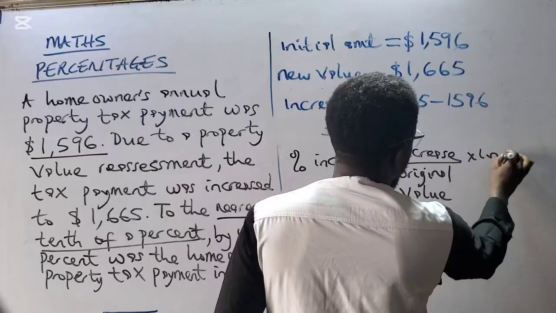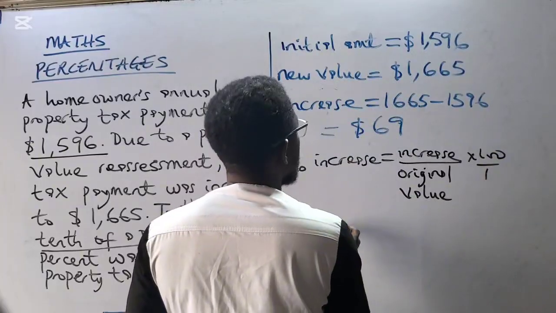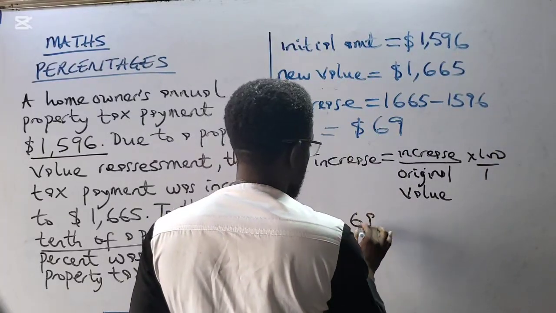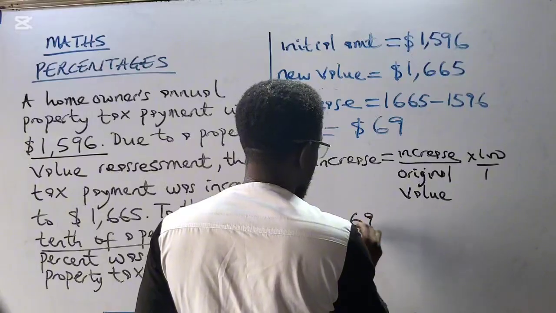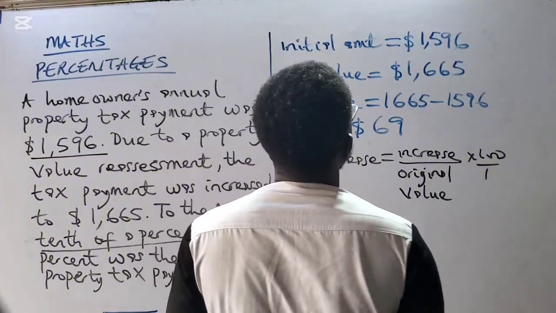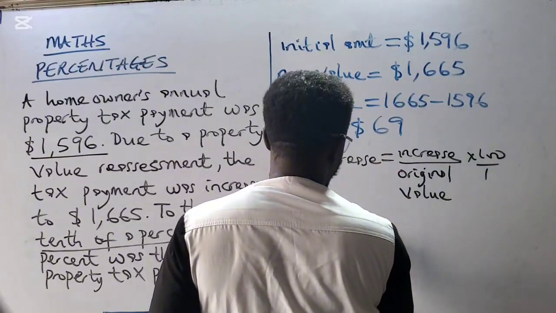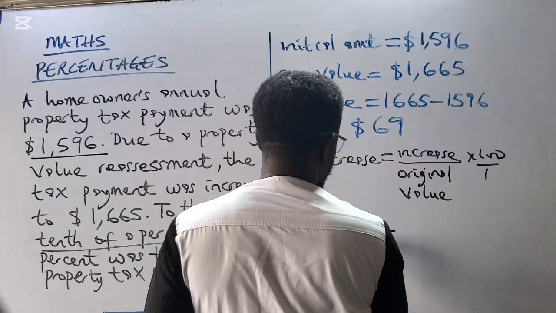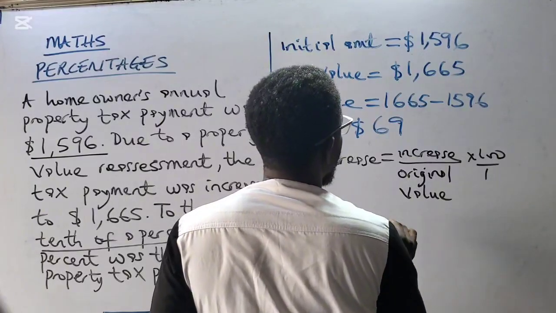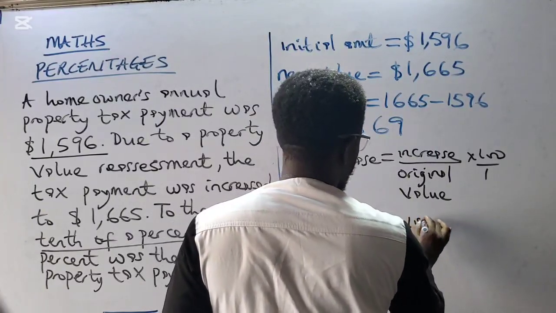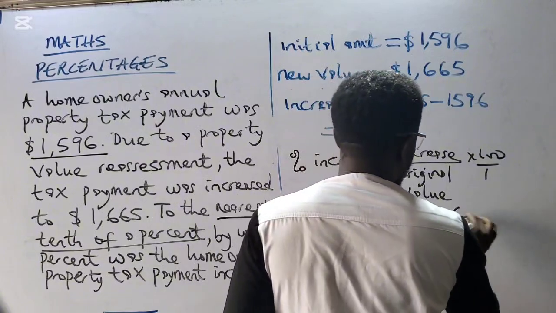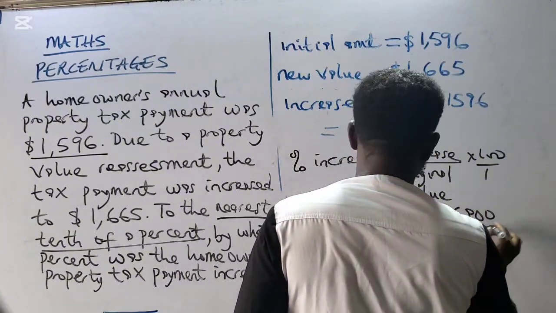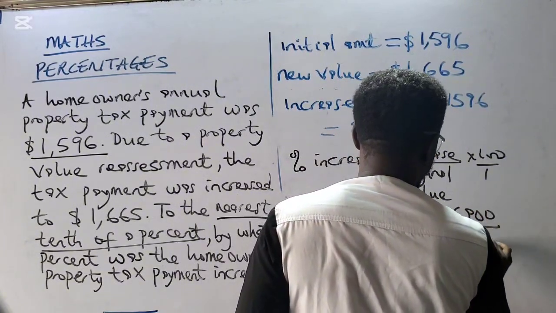Times 100 over 1. So that will be 69 over the original value, which is 1,596, times 100. So you get 6,900 divided by 1,596.